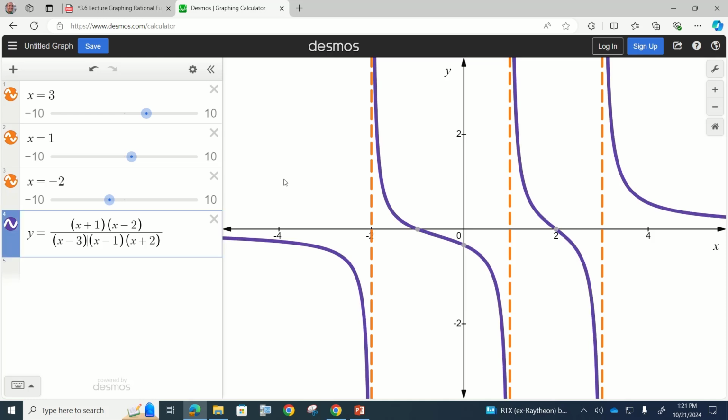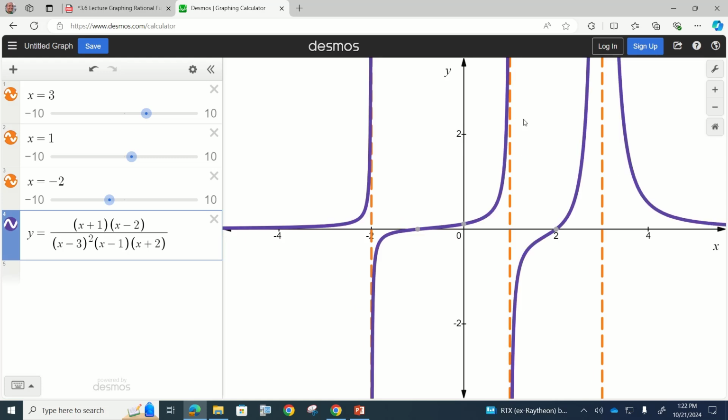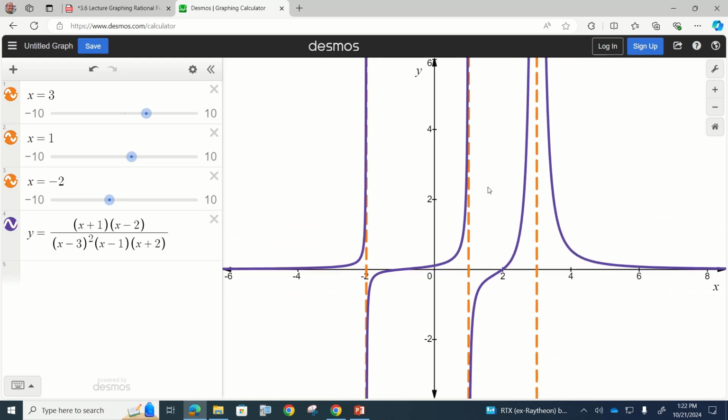But now what if I look at the pole that happens at x equals positive 3, so the one on the right, and then I'm going to change that from a multiplicity of 1 to a multiplicity of 2. So it's still there, but the difference is that it doesn't switch from positive to negative. It just stays positive to positive.